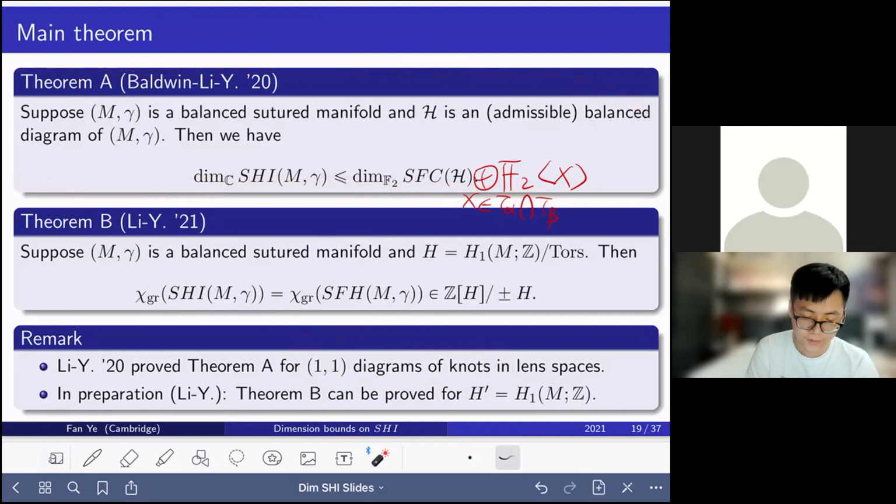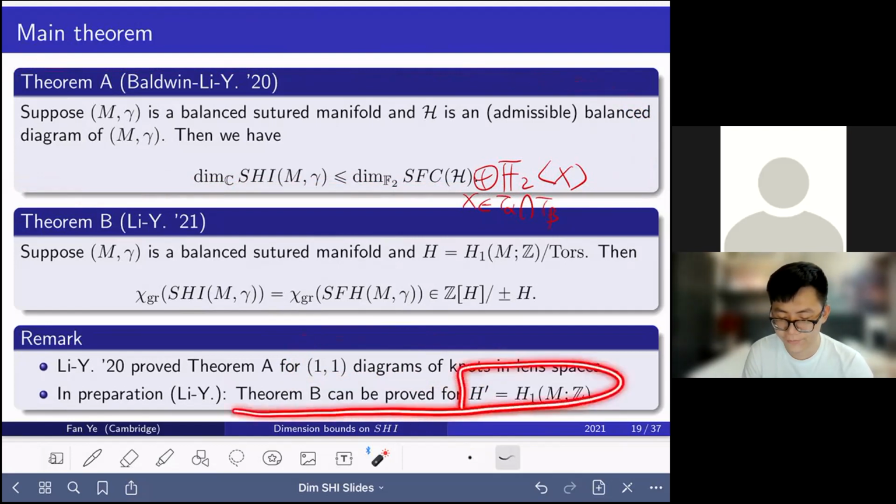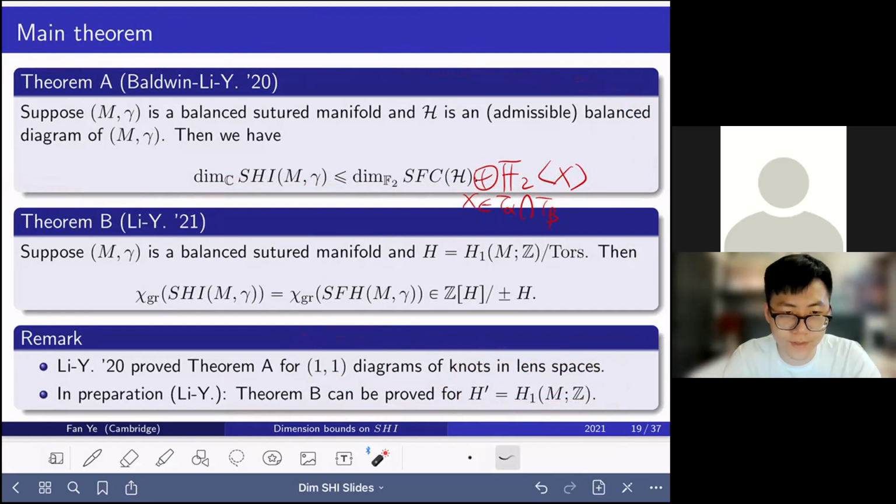Also, there is work in preparation, where theorem B can be proved for H prime, which means we can consider the Euler characteristic without modulo torsion. So that's the main theorem, and this is the first part of this talk.